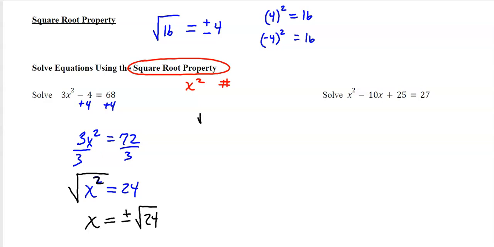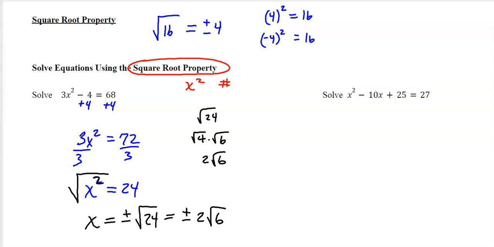The square root of 24 can be broken up into, 4 goes into there 6 times. So that's really just the square root of 4 times the square root of 6, or 2 radical 6. So another way to write this would be plus or minus 2 radical 6.